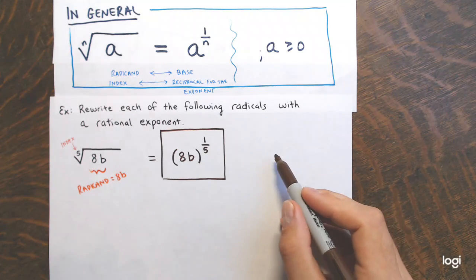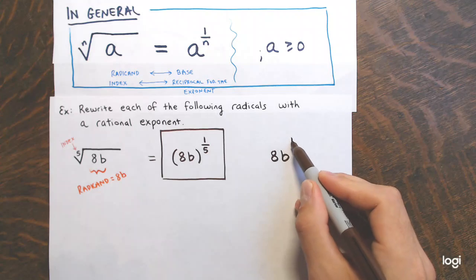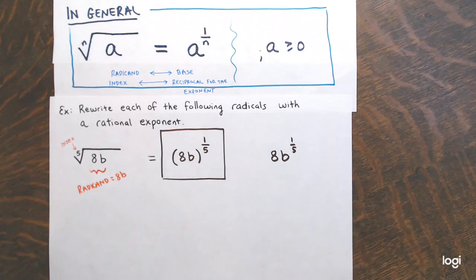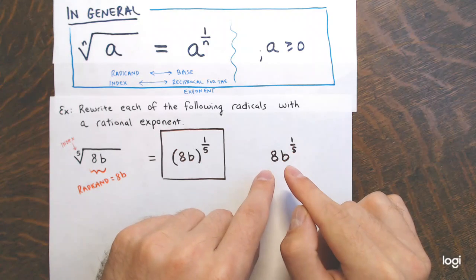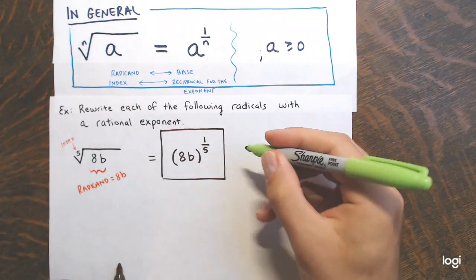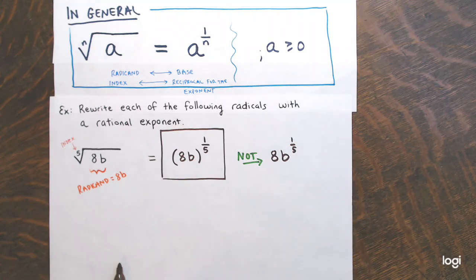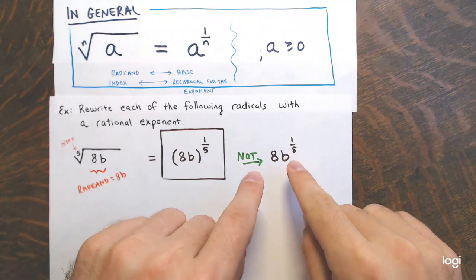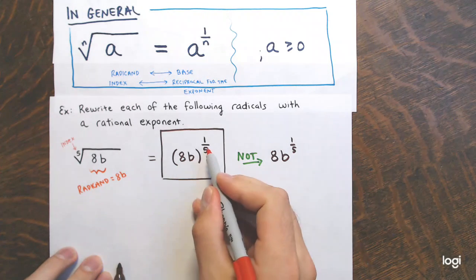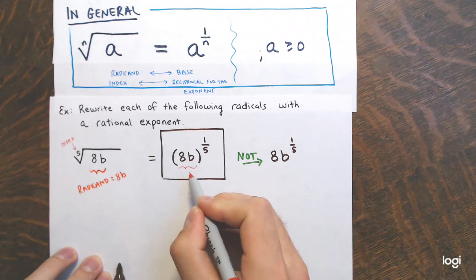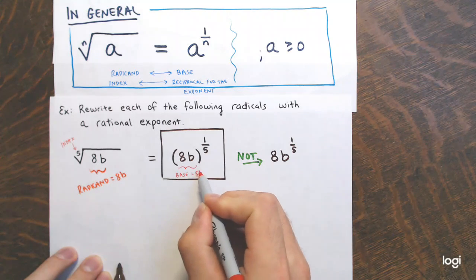Now, some people would just write this. This is not 8b and then to the 1/5. Remember, parentheses mean something. In this expression, the base on that power of 1/5 is that entirety of 8b.